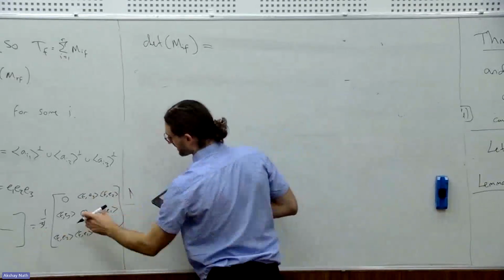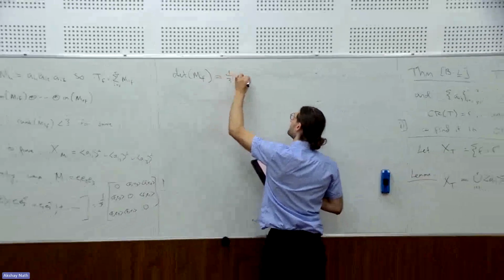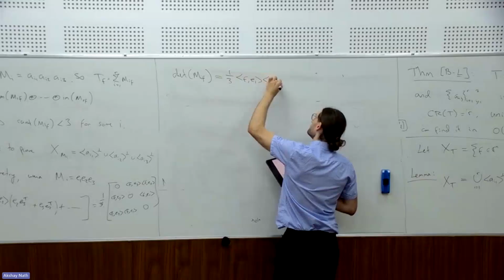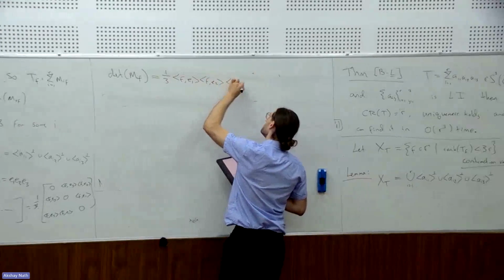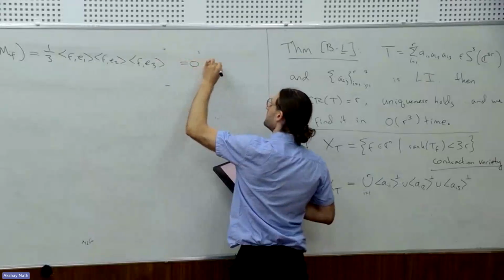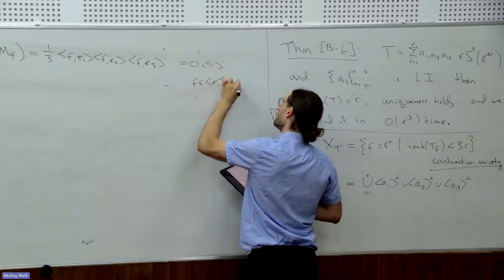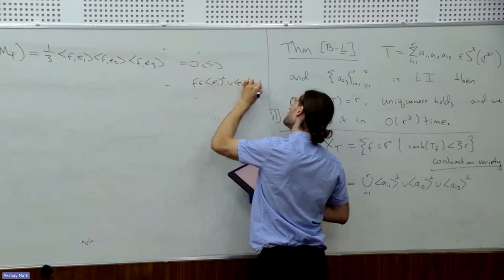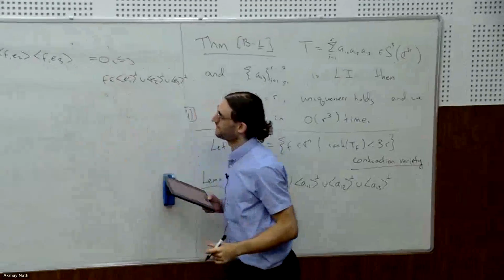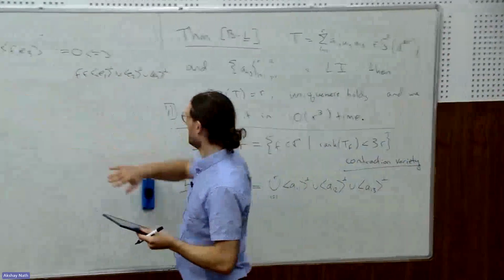So the determinant of this is 2 times, anyways, what you get if you work it out is the product of these three, which is 0 if and only if F is in E1 perp or E2 perp or E3 perp. Okay. Great. So this proves the lemma.